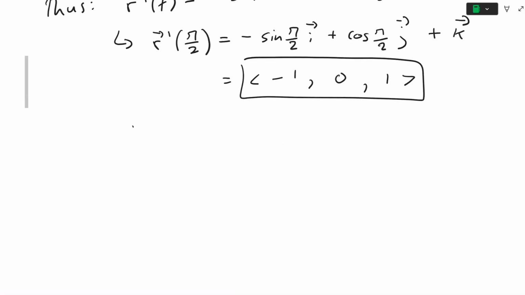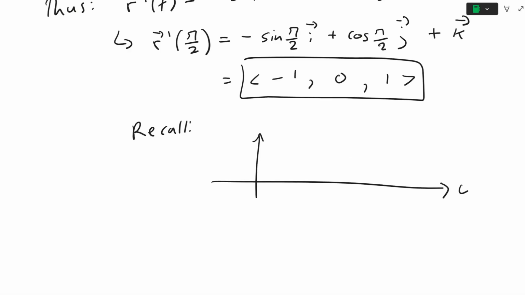Again, just recall trigonometry. If you have this set up like this, this is theta, this is y. Sine looks like this. This is at pi over 2, and at pi over 2 sine equals 1.